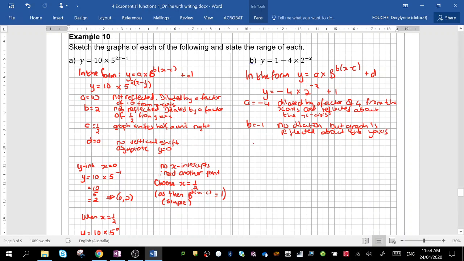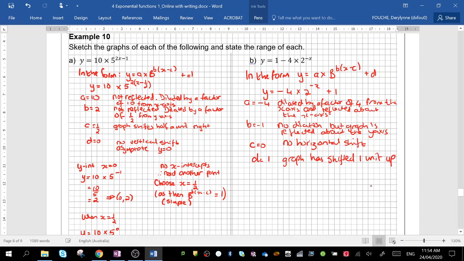Okay, look at our c value is equal to 0. So we have no horizontal shift. And our d value is equal to 1. So our graph has shifted 1 unit up.